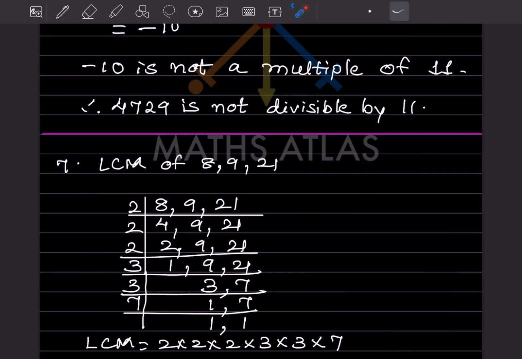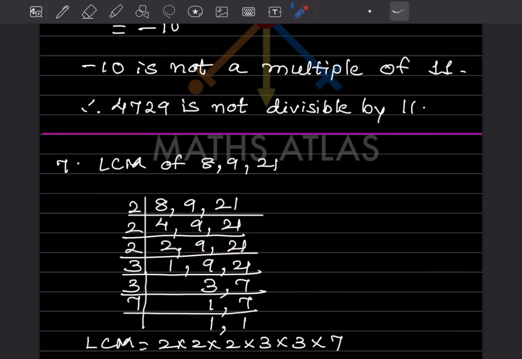Again we start with 2. 2 twos are 4. Again, 9 and 21 are not possible. Again, 2 ones are 2. We have to see all the numbers for 2 first, and then for 3, and so on. So here 2 ones are 2. Again 9 and 21 are not possible, so write as it is.